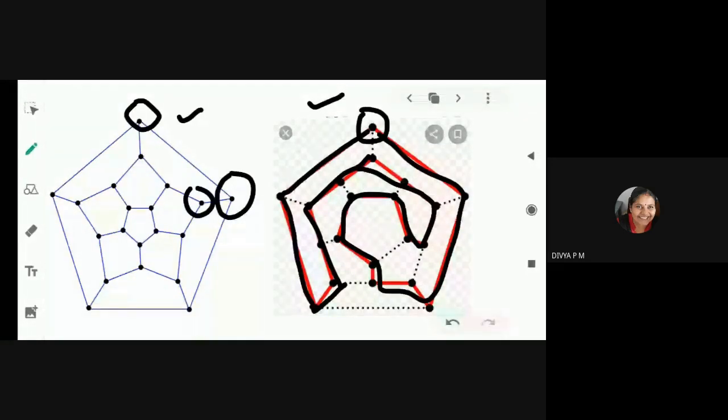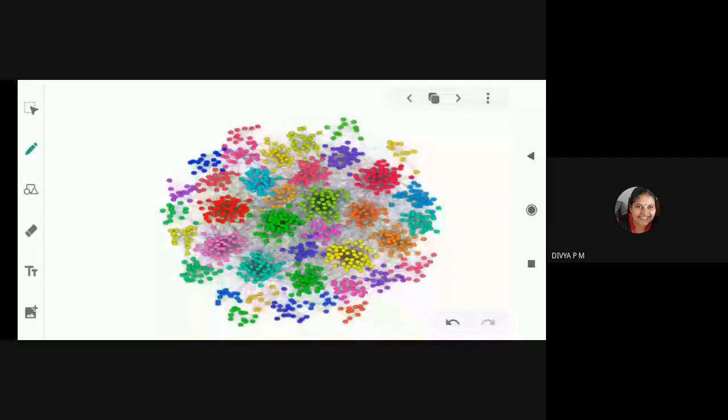Okay, so these are some examples of graphs. This is what we have. It is clustered social networks. Social networks you might have seen. For example, Facebook is an example of a social network, Twitter, WhatsApp, whatever it is. These are groups which are clustered, having some similar properties.